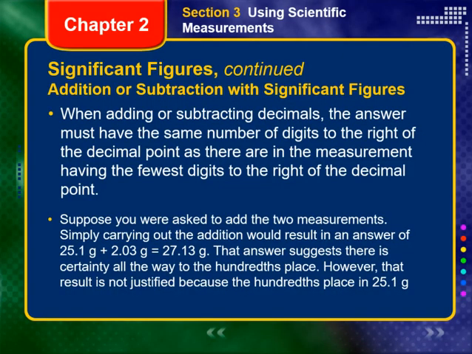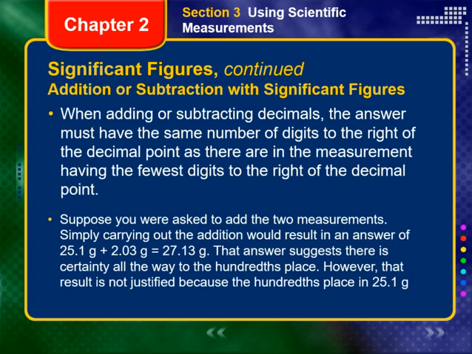Consider two mass measurements, 25.1 grams and 2.03 grams. The first measurement, 25.1 grams, has one digit to the right of the decimal point, in the tenths place. There is no information on possible values for the hundredths place. That place is simply blank and cannot be assumed to be 0.